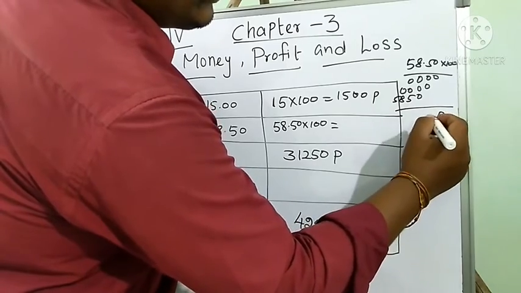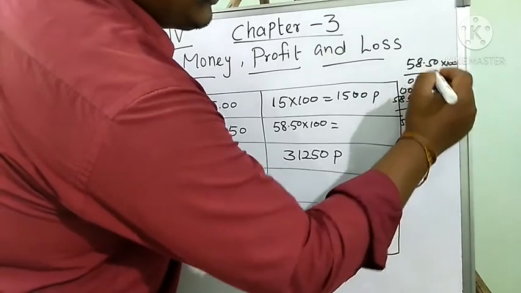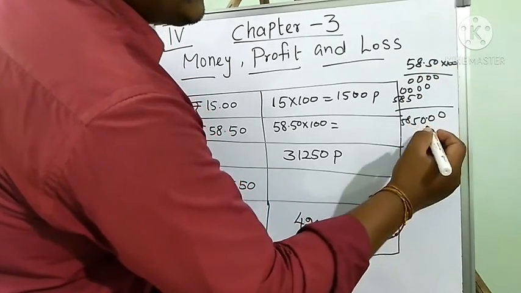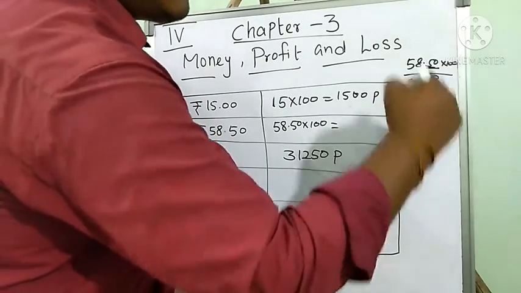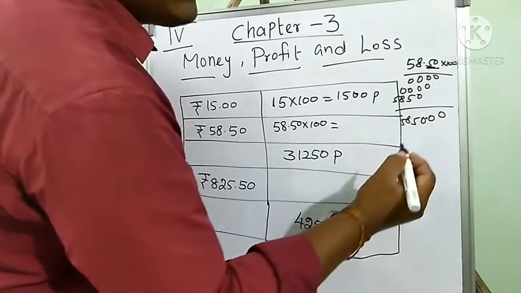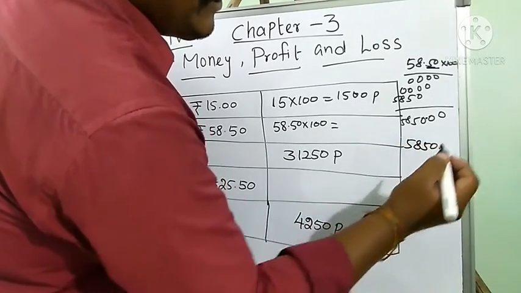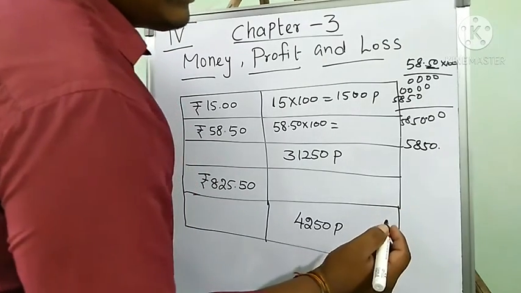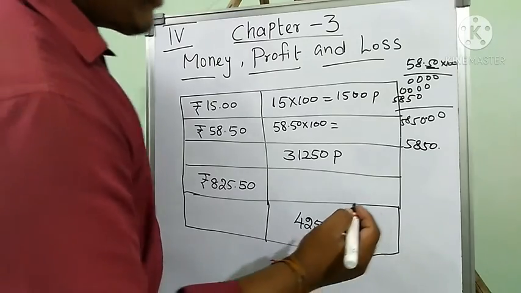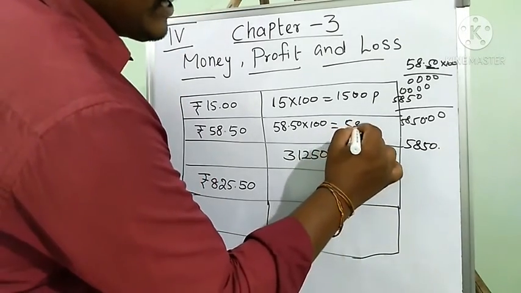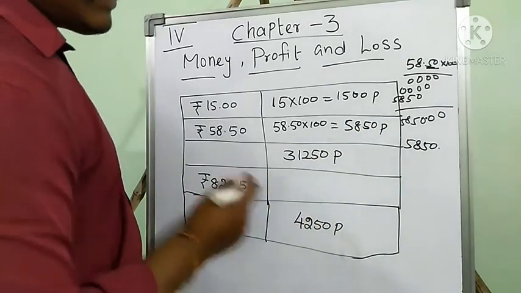If you add 0, 0, 0, 5, 8, 5. So here there are 2 decimal places, so you have to put the decimal point after 2 places. So 5850 paise. Okay. Yes, 5850 paise. So 5850 paisa. Okay, then here they have given paisa.